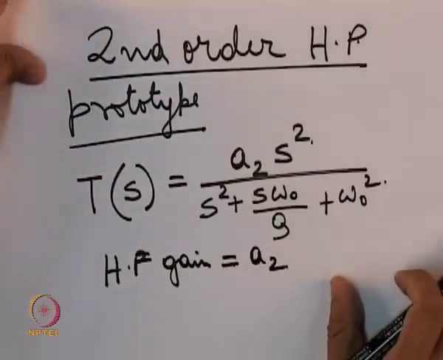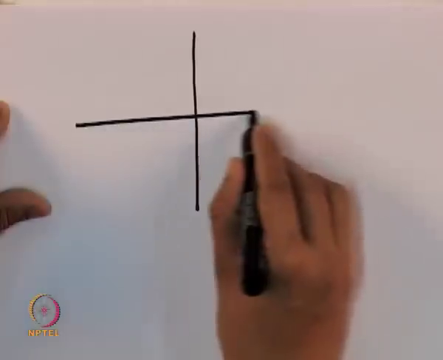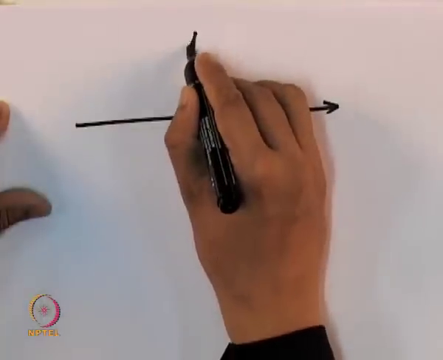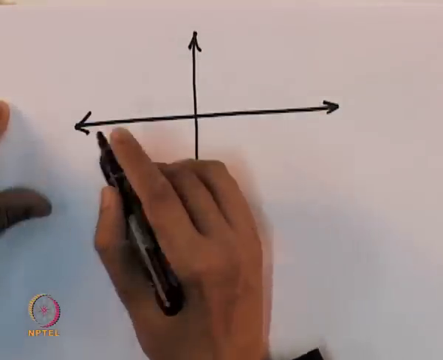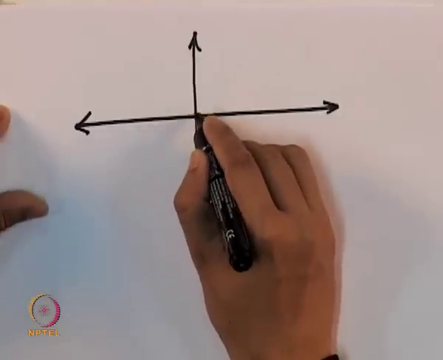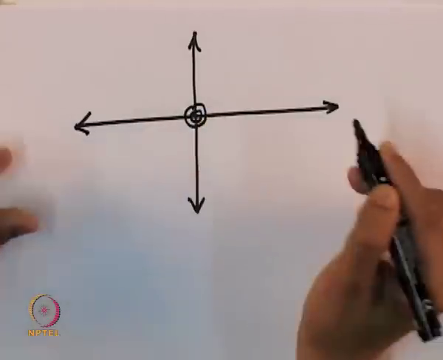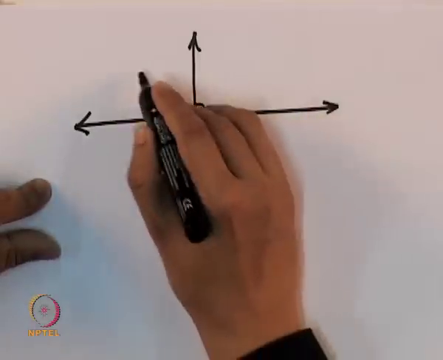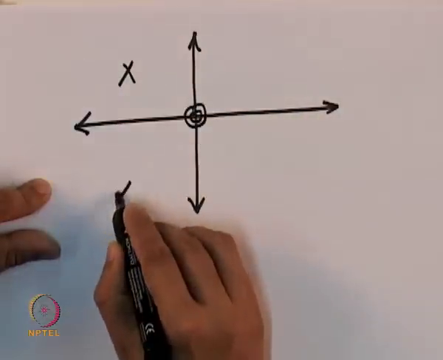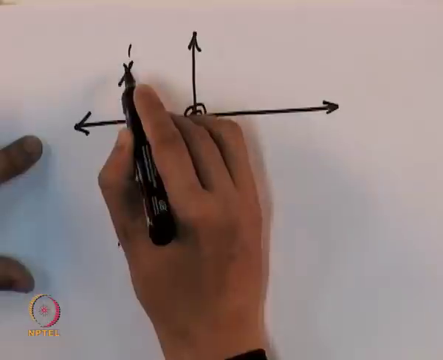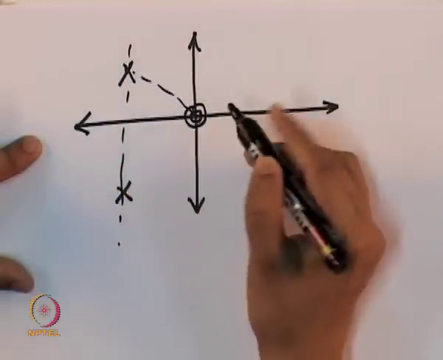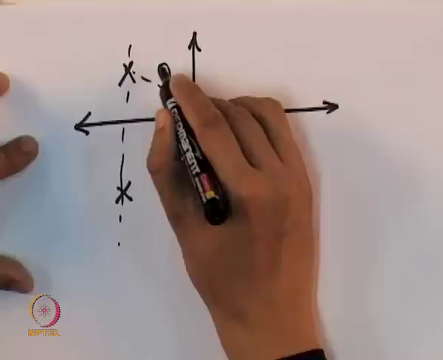Now, the pole positions again are like this. Two zeros at the origin, and the pole locations are the same as for a low pass prototype.